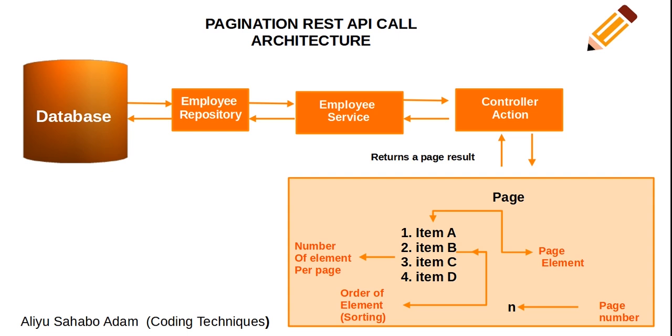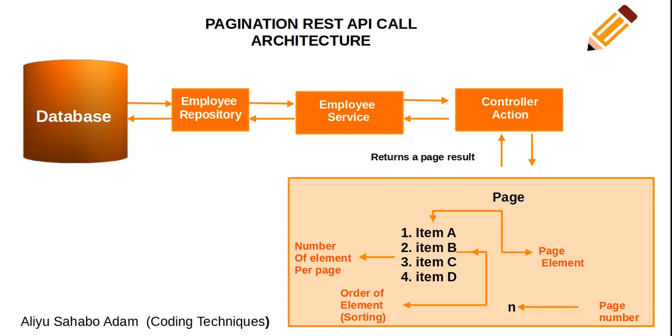Here we have a REST API architecture for pagination. If we make a request, we'll have an implementation in the service that returns a page result, which includes the page elements, the number of elements per page, the order of elements, that is sorting, and the page number.